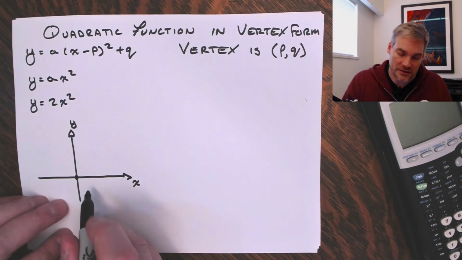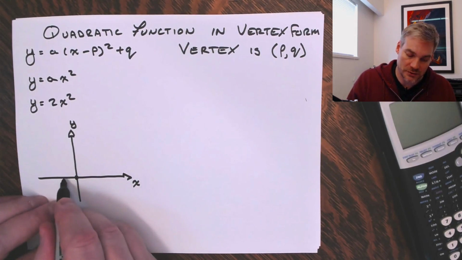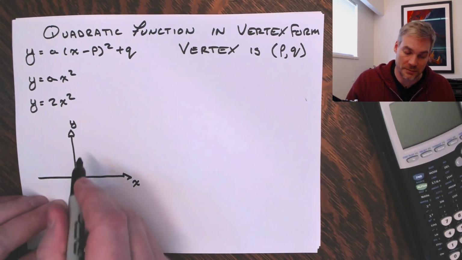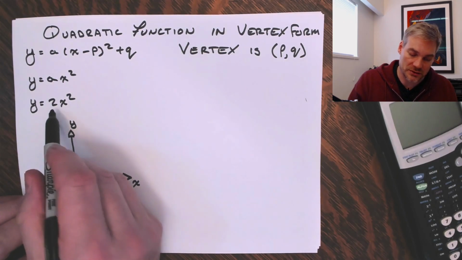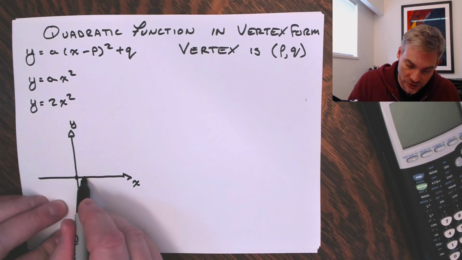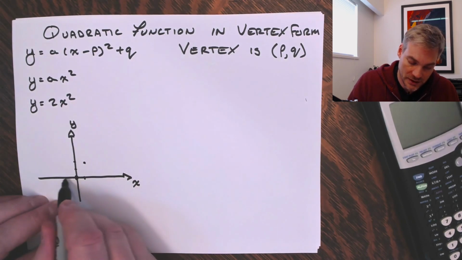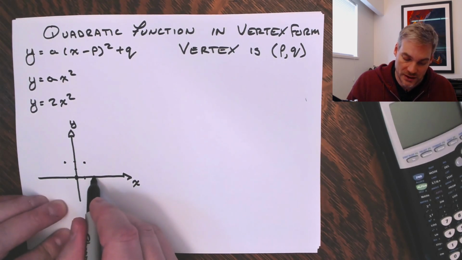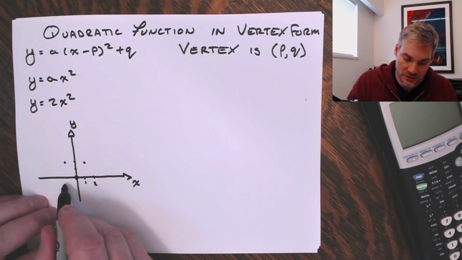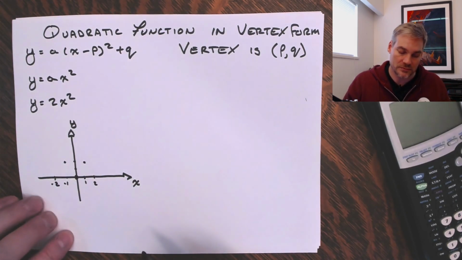The pattern for quadratics is you go over 1, up 1, and over 1, up 1, and then you go over 2, up 4 for a equals 1. Now a equals 2, so we're going to have to change that. So it goes over 1, up 2, and the same over here. Now we do the same: that's 1, this is 2, that's negative 1, negative 2.